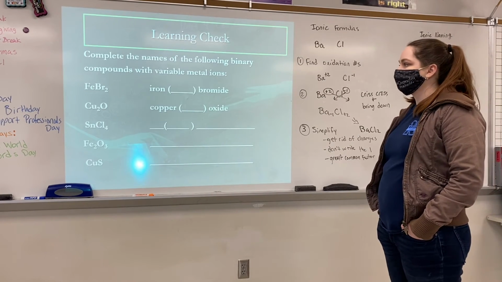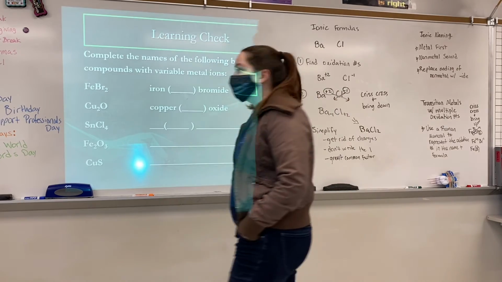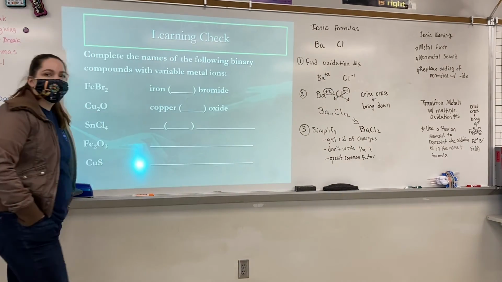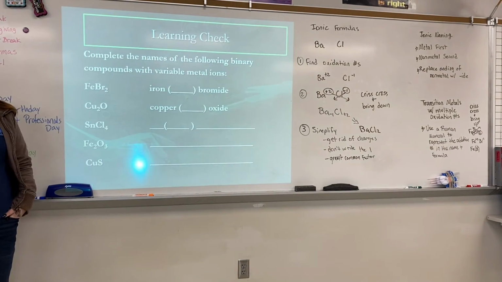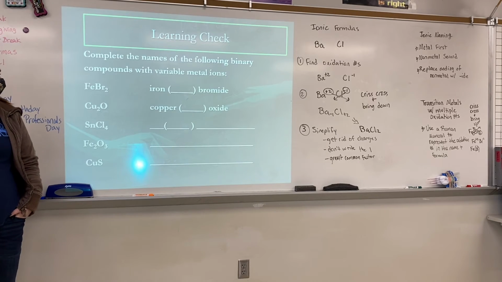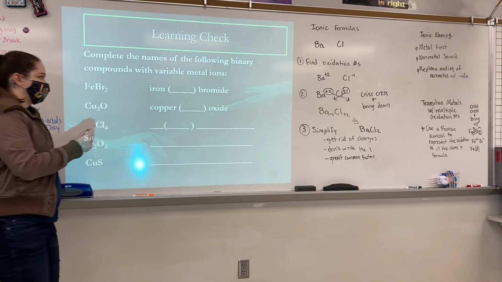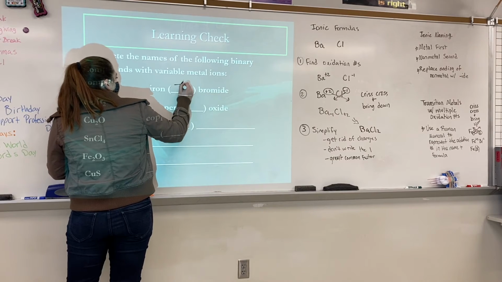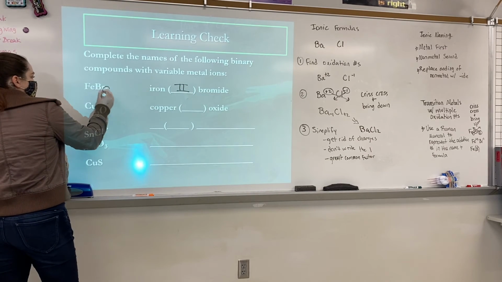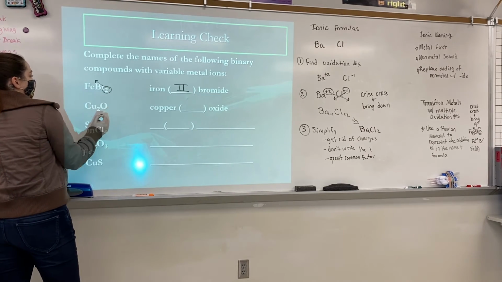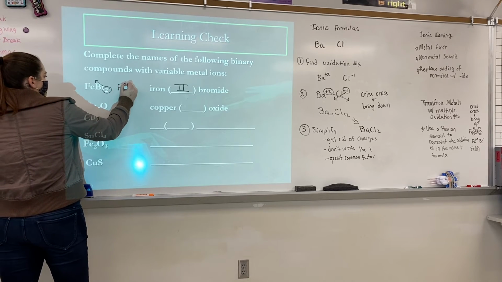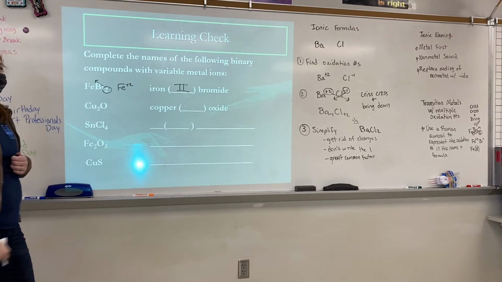Okay. So for your first one, iron bromide, what Roman numeral number will you put in parentheses for iron bromide? 2. Because this 2 is going to crisscross and go up to the Fe. So then Fe would have an oxidation number of +2.